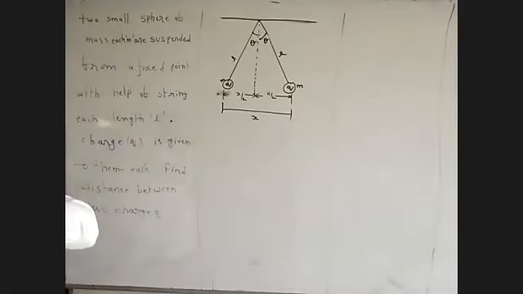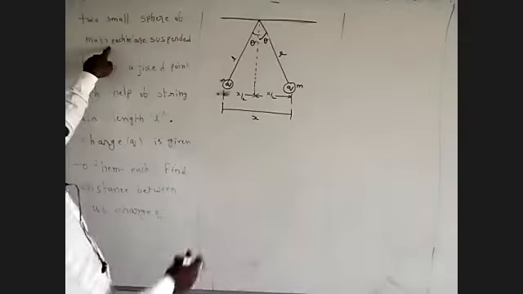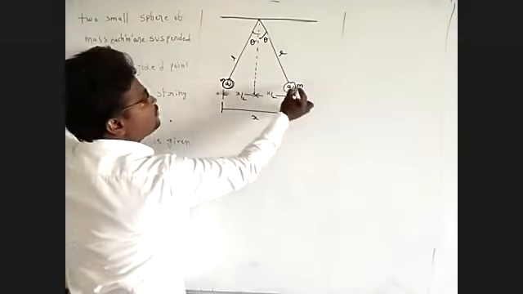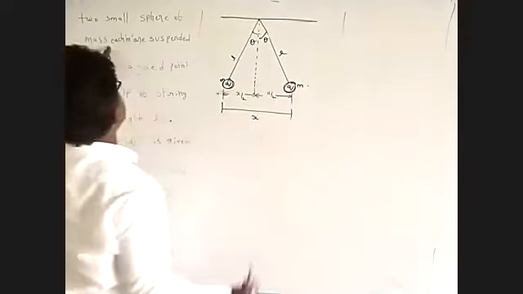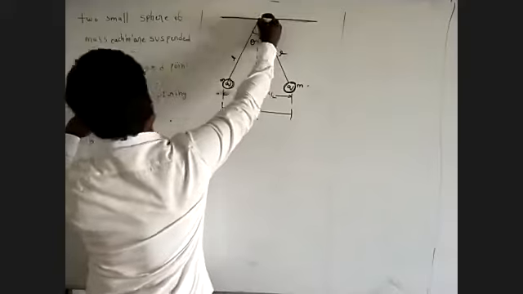So these are two small spheres of masses m each, suspended from a fixed point. This is the fixed point.